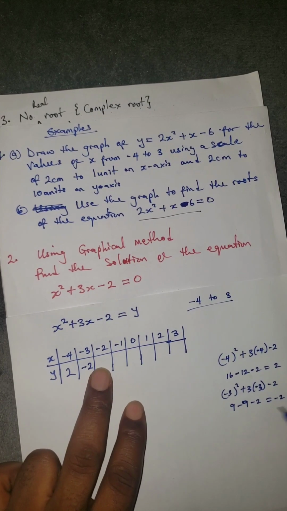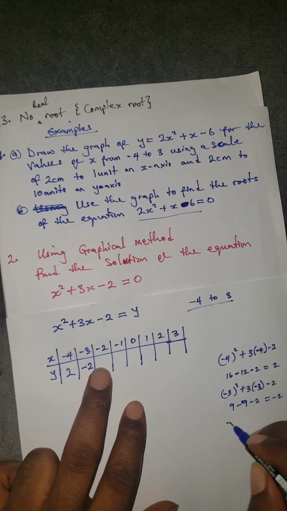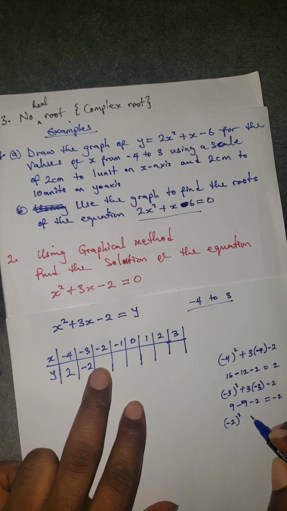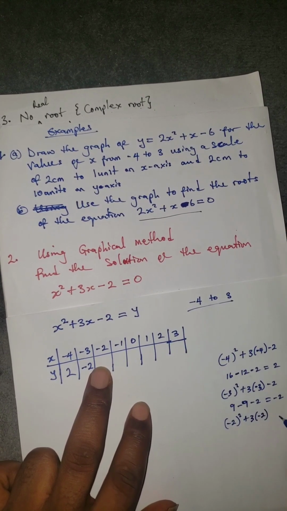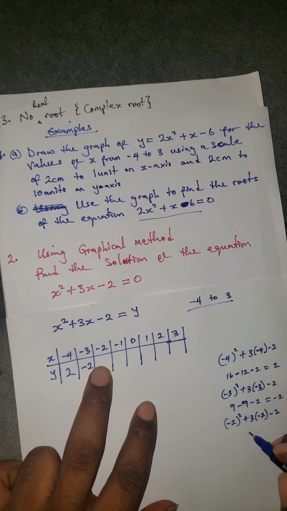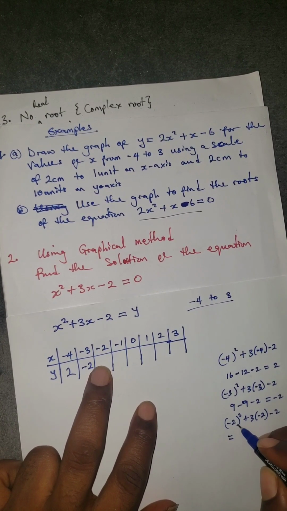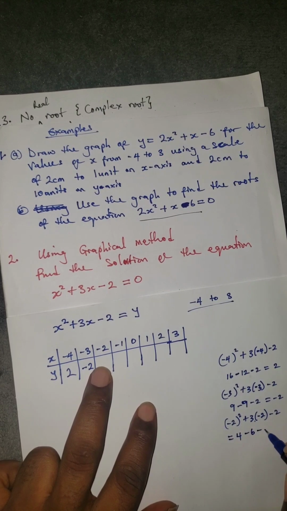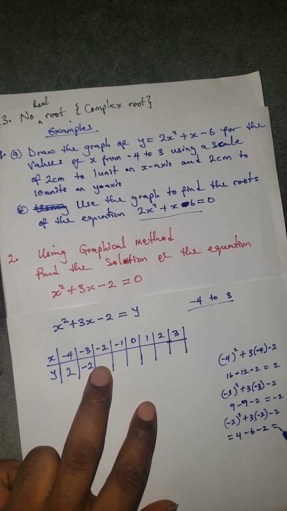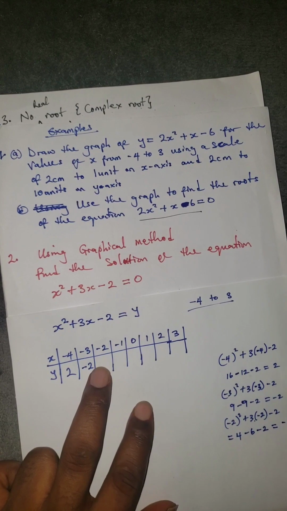So at -2, I do the same thing: -2 squared plus 3 into -2, minus 2. So this one will give us 4. This one will give us -6 minus 2. That will give us -4.